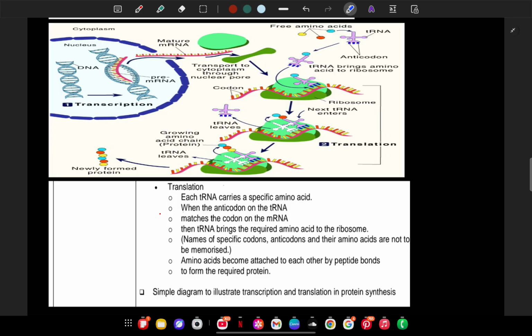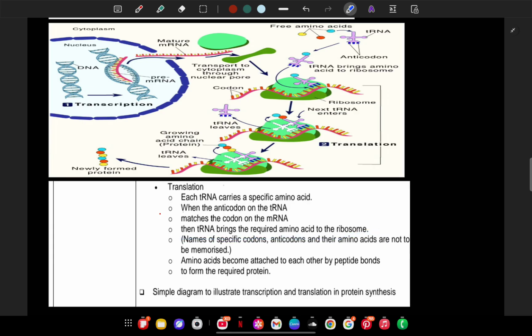So here, first step is tRNA carries a specific amino acid. We all understand that. When the anticodon on the tRNA matches the codon on the mRNA, then tRNA brings the required amino acid to the ribosome.